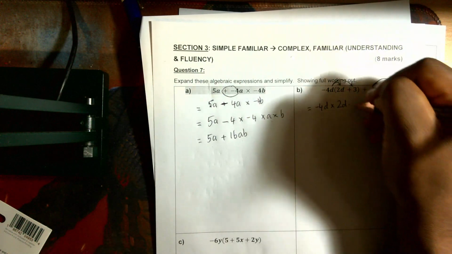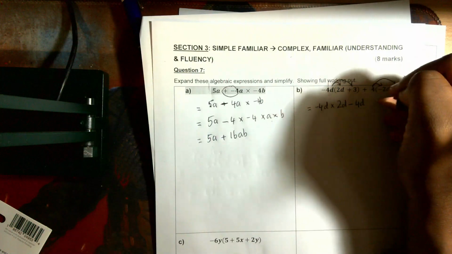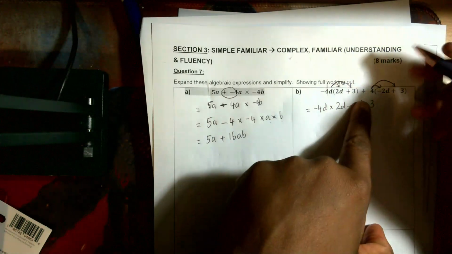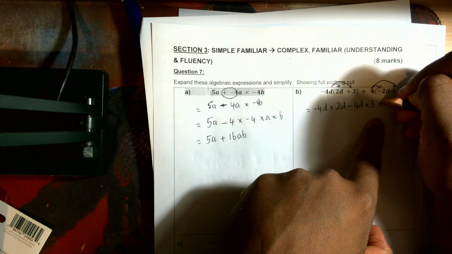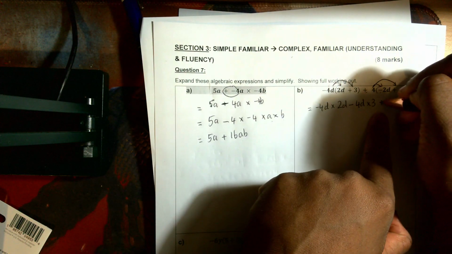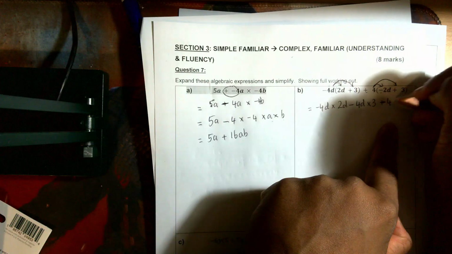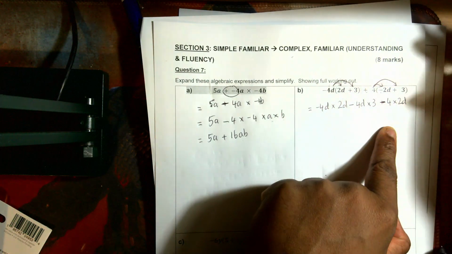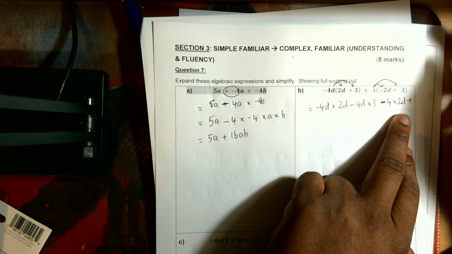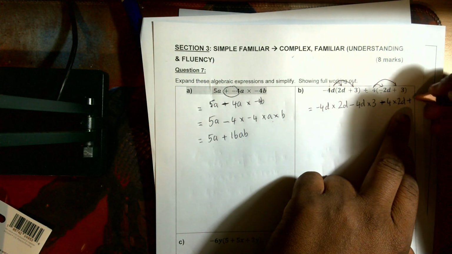Negative times a positive, that's a negative, so 4d times 3. Then plus, sorry, take away negative, positive times a negative is a negative 4 times 2d. Positive times positive is positive 4 times 3.